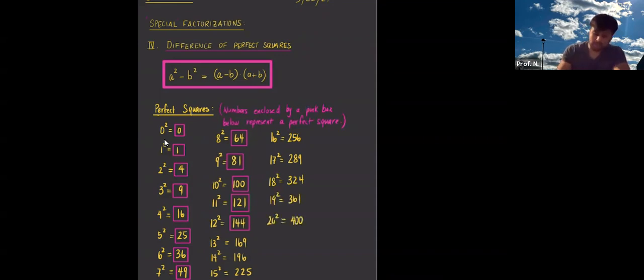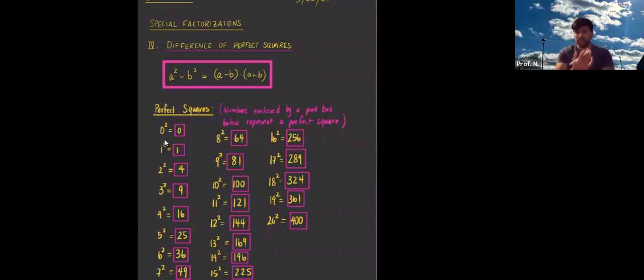And of course, this whole thing keeps going, but it's good to know at least the first 20 perfect squares or even 25, just to have an idea of how these numbers look as you go up the list of numbers that we're able to square.